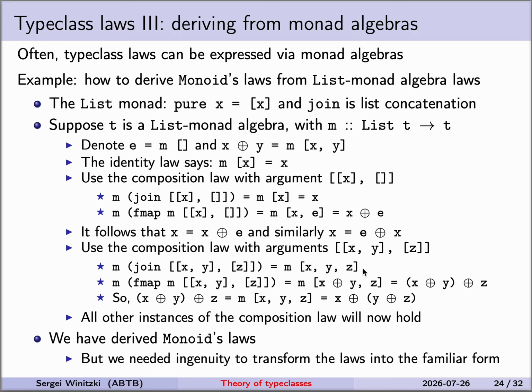This clearly can be proven by induction, that all other arguments that you can put into the composition law will satisfy the composition law from now on, once the monoid laws hold. So in this way we have derived the monoid laws, with some ingenuity, from the laws of the monad algebra. It's by no means directly obvious that this is true, but this is the interesting trick.